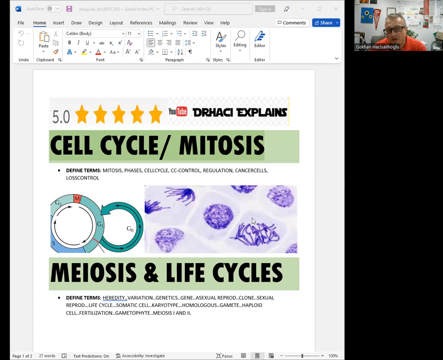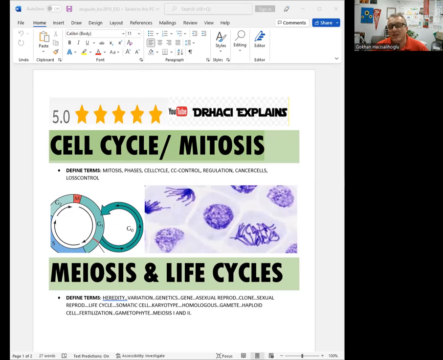That's mitosis, and mitosis is division of the nucleus. But there is also division of the cytoplasm, which is cytokinesis. The cell cycle starts with interphase, which is G1, S, G2. When we look under the microscope, we don't see much of the chromosomes.